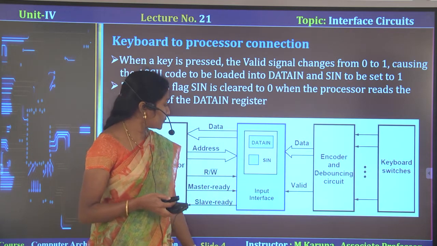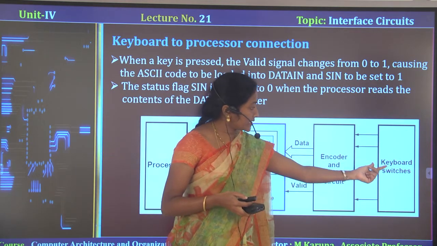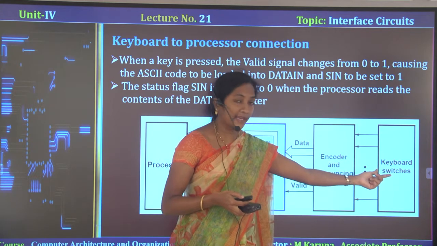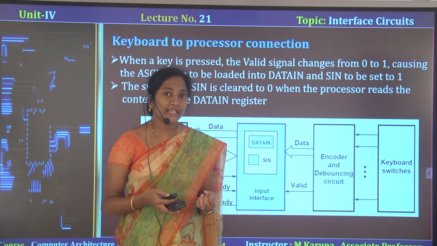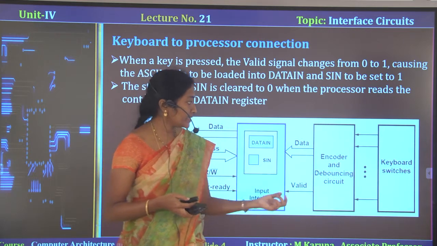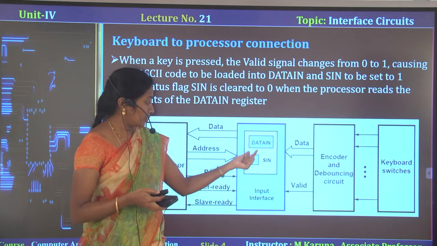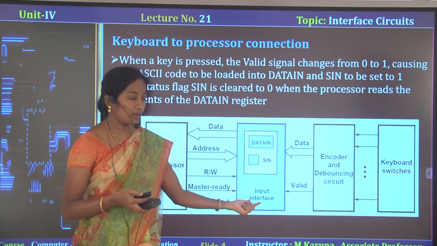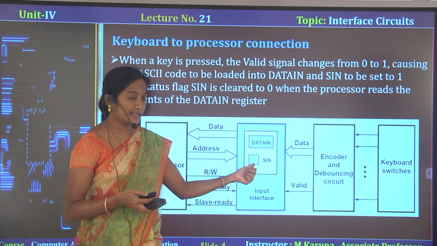This block contains the following parts: keyboard switches. Here we are considering mechanical switches, so the keyboard has keys that are mechanical switches, and an encoder and debouncing circuit. This is the interface circuit, which, as you know already, contains the data in register and SIN flag.